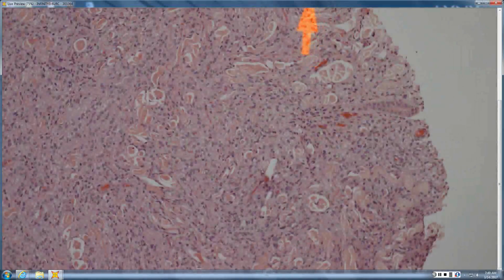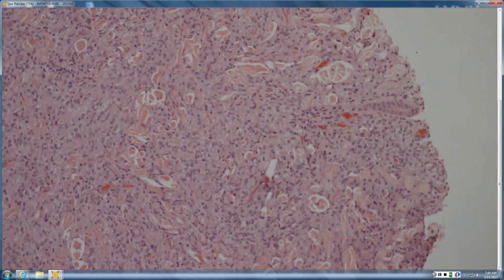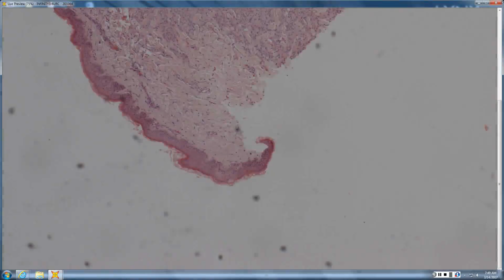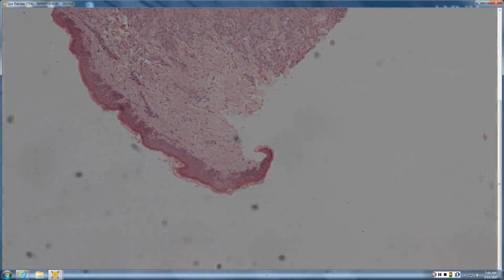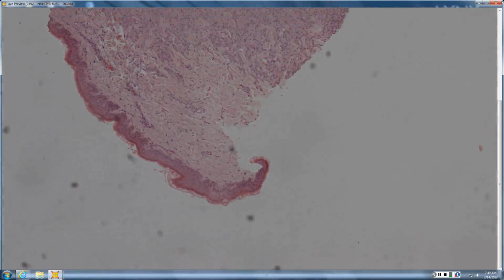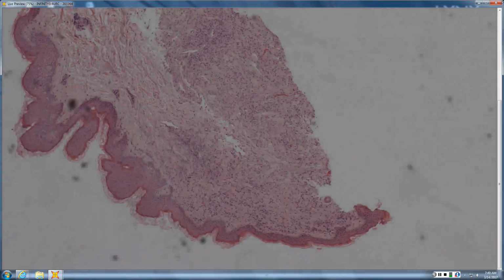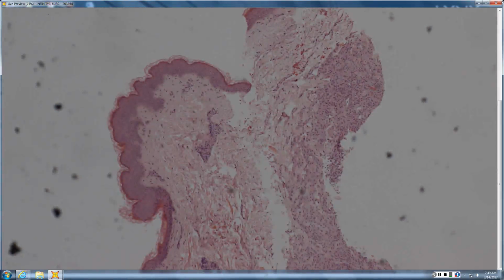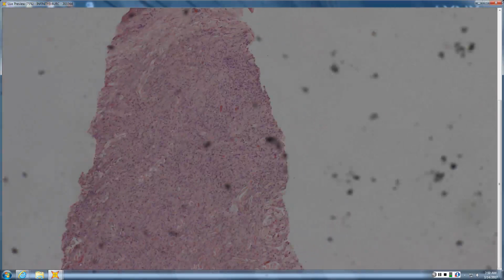It is trapping a lot of collagen. So the differential would be xanthoma or dermatofibromas, which can lipidize. So you can have lipidized DFs that have xanthoma cells, or it could just be a xanthoma.